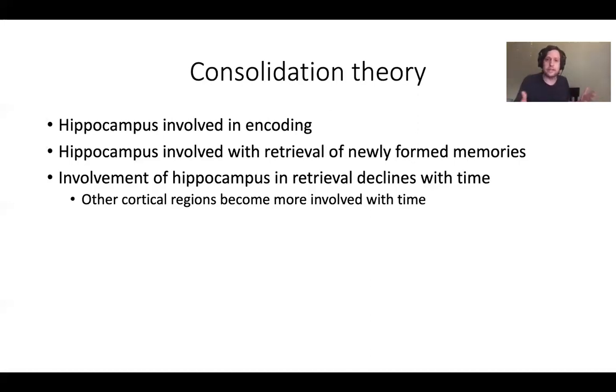So retrieval is the same cognitive process in a sense, but when the memory is fresh, the hippocampus is the brain region which is mostly involved with retrieval. When the memory is a little bit old, a different set of brain regions, these outer cortical regions, are involved with retrieval. That's consolidation. Consolidation is the idea that with time, a new set of brain regions becomes dominant in the retrieval of a given memory.